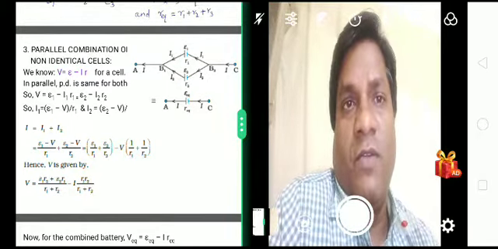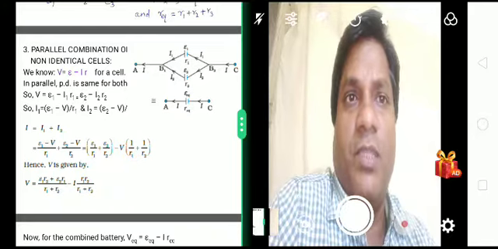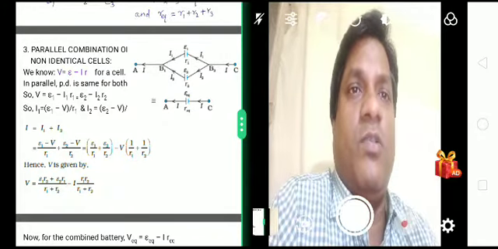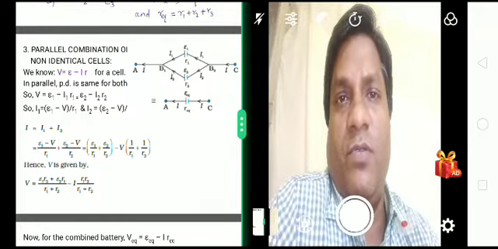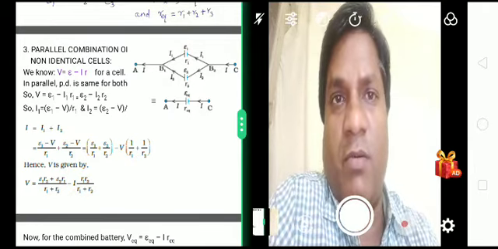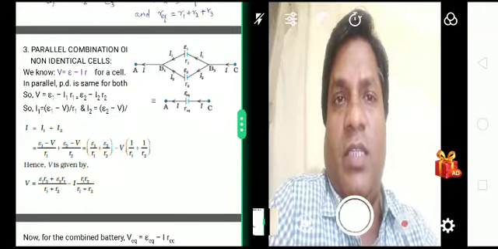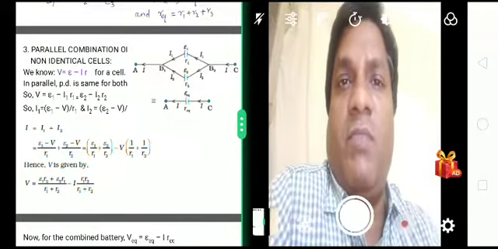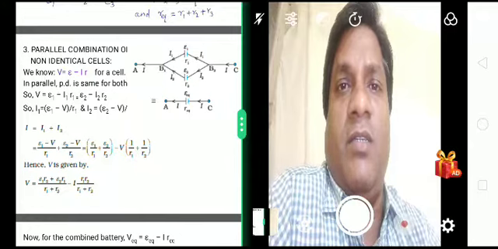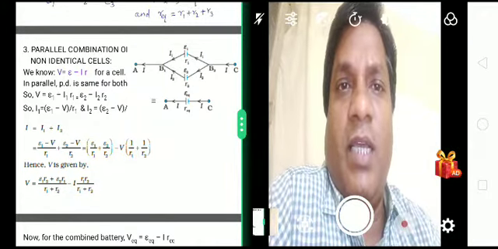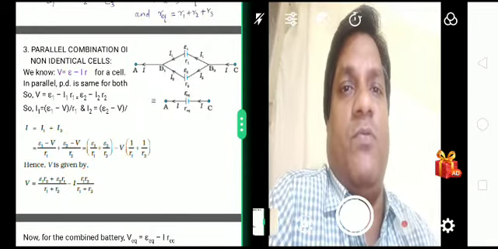For the combined cells, that means for the battery, see the diagram given below. For the combined cell, the total current flowing is I, that is equal to I1 plus I2. If you take the values of I1 and I2 from the above equations and put them here, then I becomes equal to E1 minus V by R1 plus E2 minus V by R2, and this can be found equal to E1 by R1 plus E2 by R2 minus V into 1 by R1 plus 1 by R2.